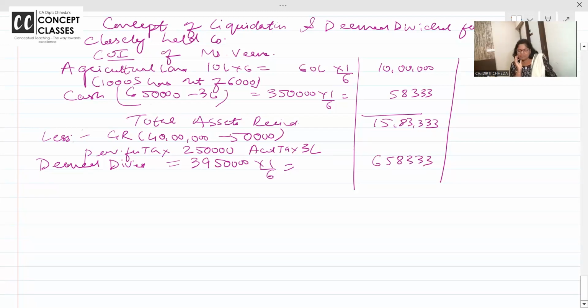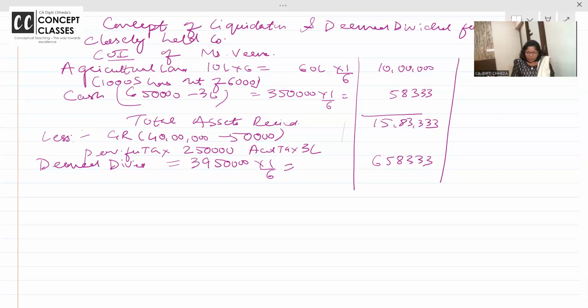Are you following? Shareholders, take this against your reserves. But why did I not take reserve of 40 lakh? Because reserve is 40 lakh, but provision is 2,50,000 and you have paid 3 lakh. So there is a 50,000 shortage of provision. Can you adjust it in reserve, those who know the journal entries? So now reserves are 39,50,000.